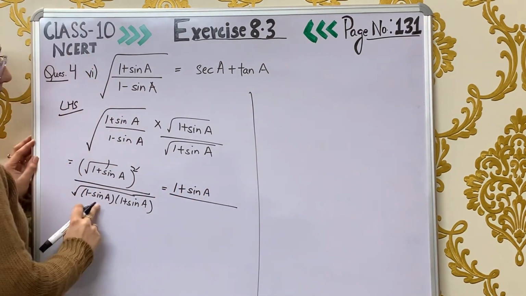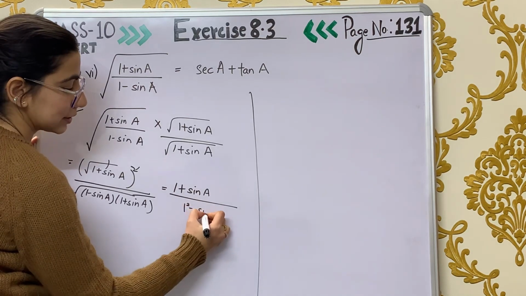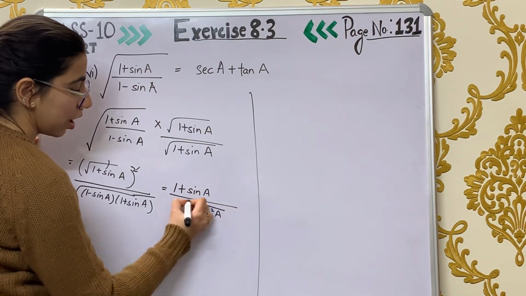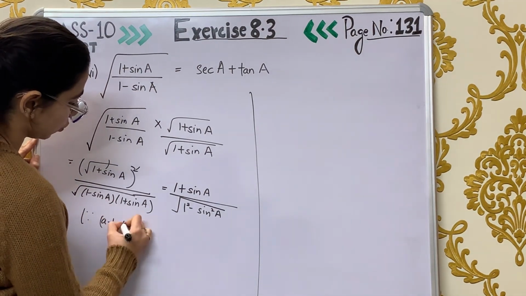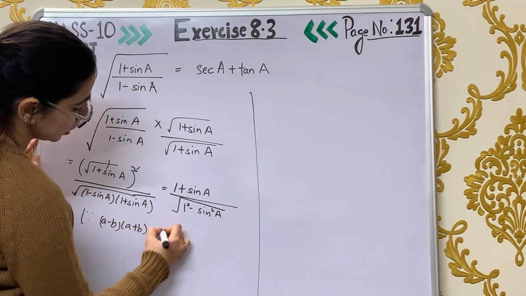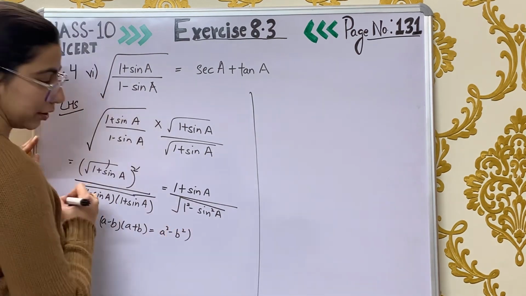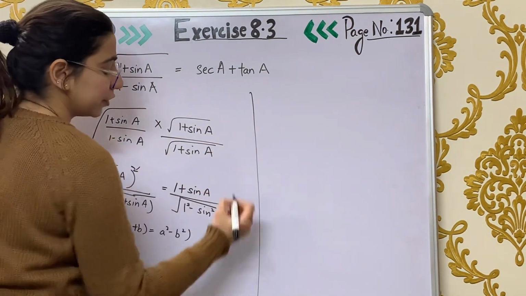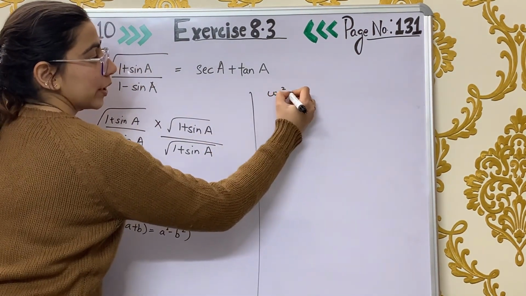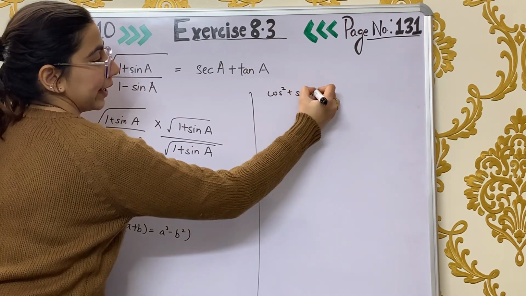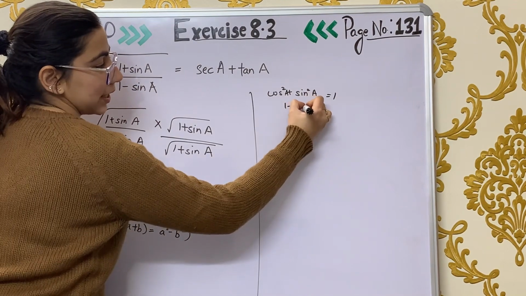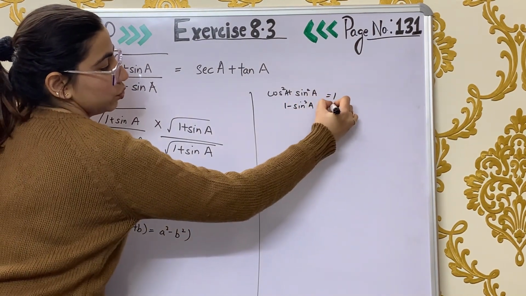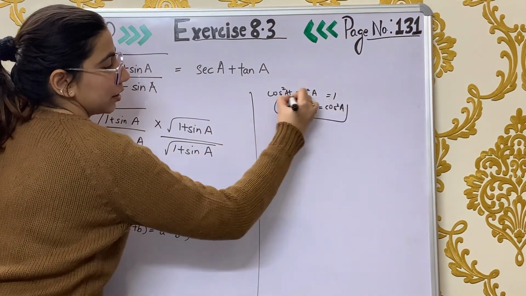And down there we get 1 square minus sine square A under root. Why? Because A minus B into A plus B is equals to A square minus B square. Right? Now we know that cos square A plus sine square A is equals to 1. So 1 minus sine square A is equals to cos square A, right?